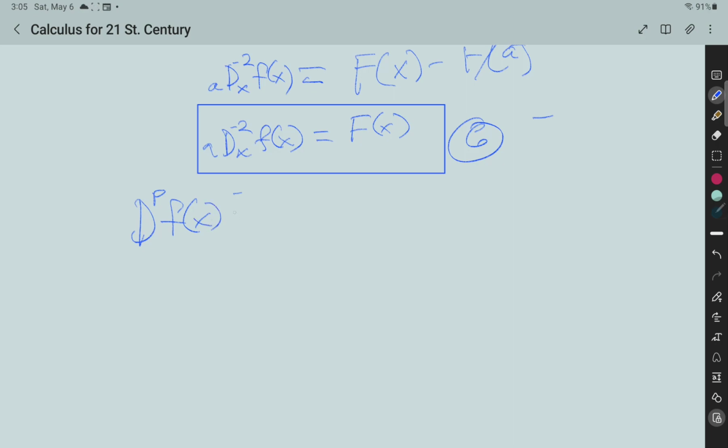Okay, so this can be written as d of p, and then you can always insert a d times d minus 1. See, d by itself is understood to be d to the 1 power. So therefore, this d to the 1 power and d to the minus 1 power, when you multiply them, you get d to the 0, which is like a 1, okay, on f of x.